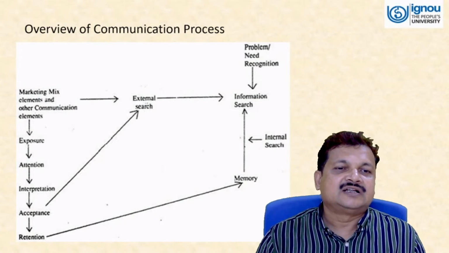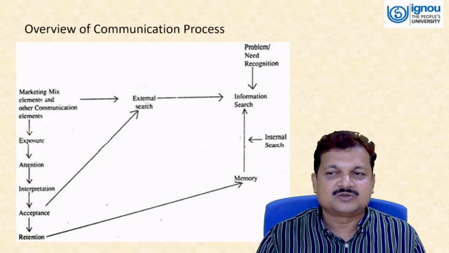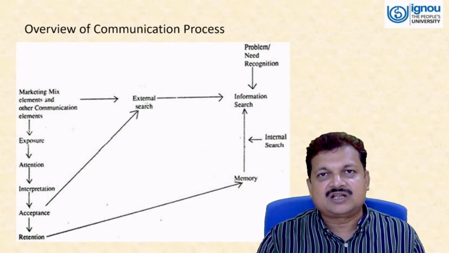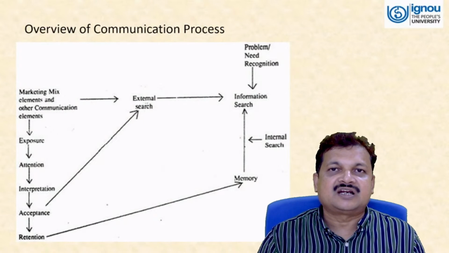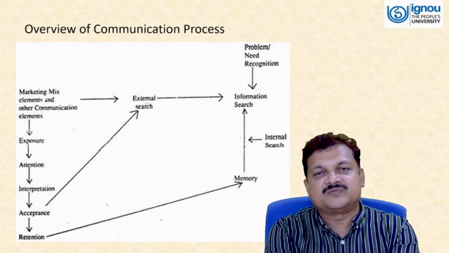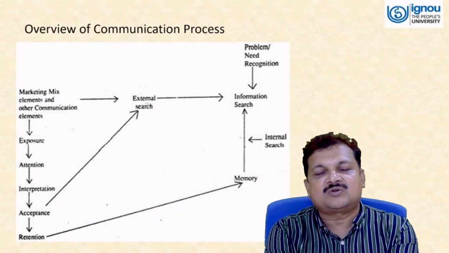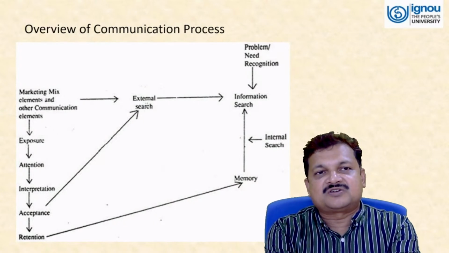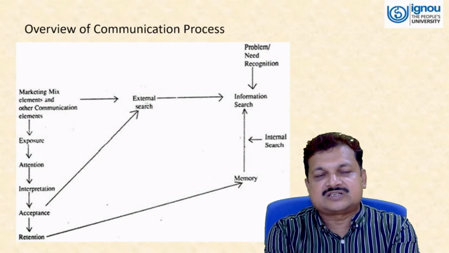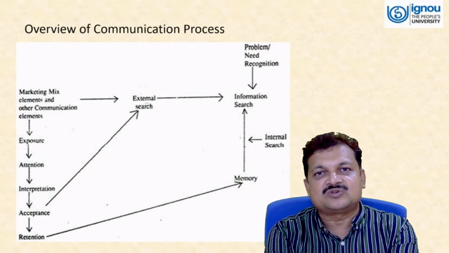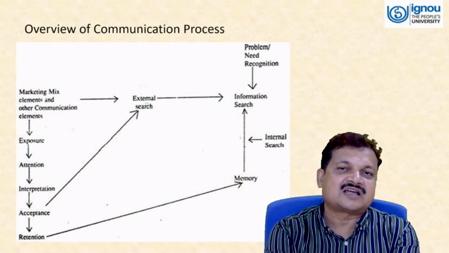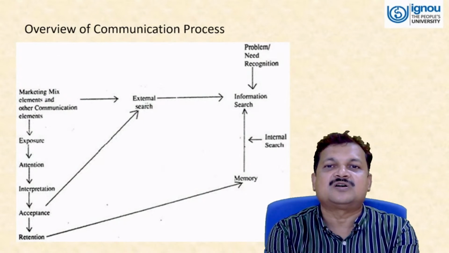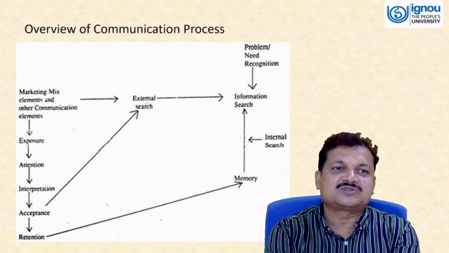In the Engel Blackwell Kollat model, we have seen marketer dominated stimuli. When an advertisement, because of the appeals used, is highly appreciated or highly influences the senses of the customers, we say this is a marketer dominated stimulus.